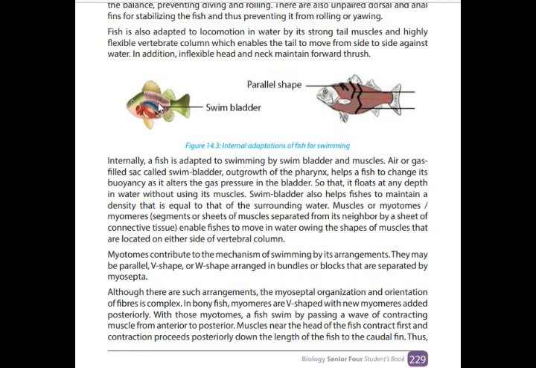Muscles, or myomeres, are segments or sheets of muscle separated from their neighboring ones by sheets of connective tissue. They enable fishes to move in water, owing to the shapes of the muscles that are located on the sides of the vertebral column.